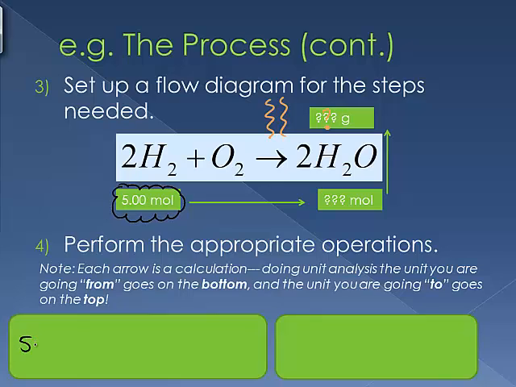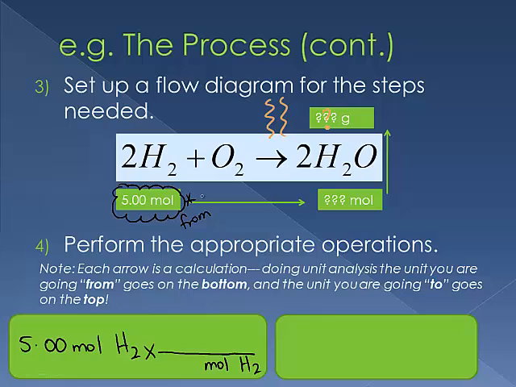So I had 5.0 moles of hydrogen, and I'm asked to change the unit. I hit an arrow, which means I need to draw an X and a line. The unit you're going from, the start of the arrow, goes on the bottom. So I'm putting moles of hydrogen on the bottom.